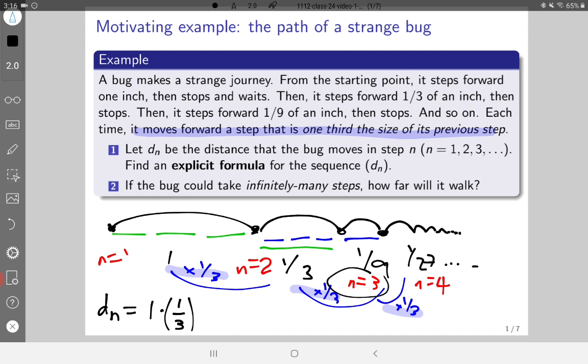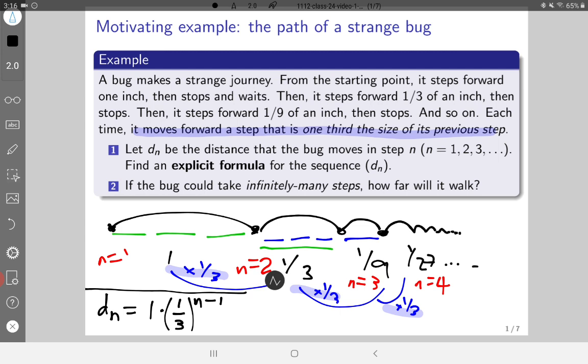And when n is 3 for the third step, that means I've cut it down by a factor of 3 twice. When n is 4, I've cut it down by a factor of 3 three times. And so I keep seeing this difference of 1 where the step number minus 1 tells me how many thirds I've multiplied by. And that's exactly what I'm writing down here in this boxed area.